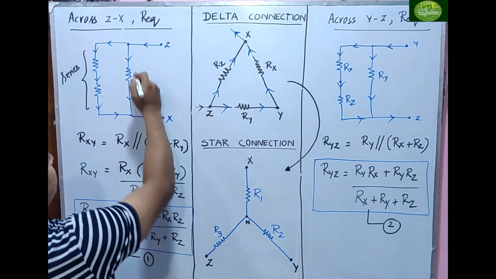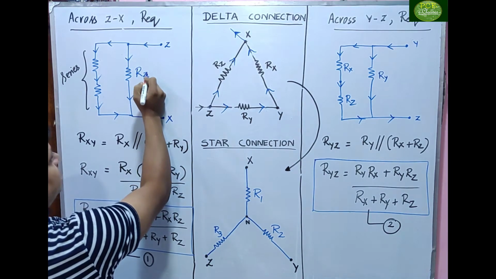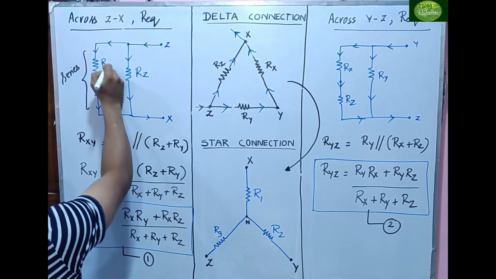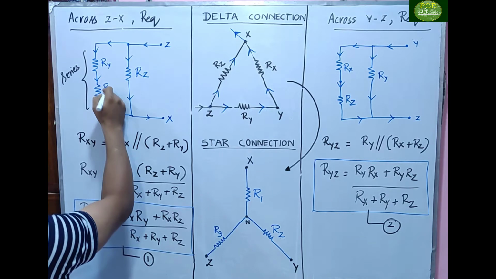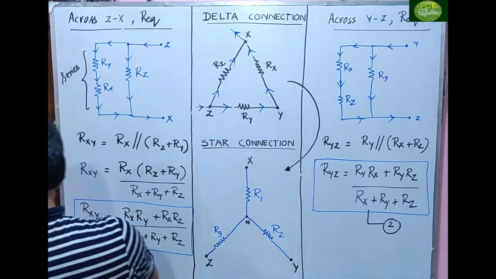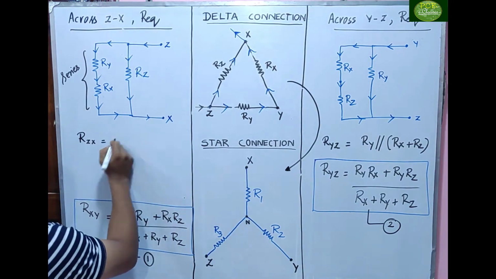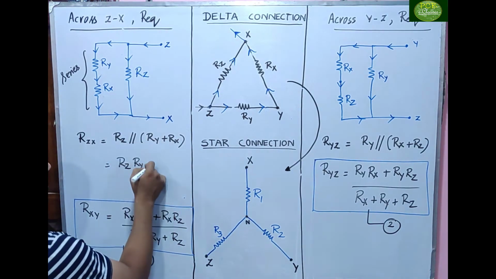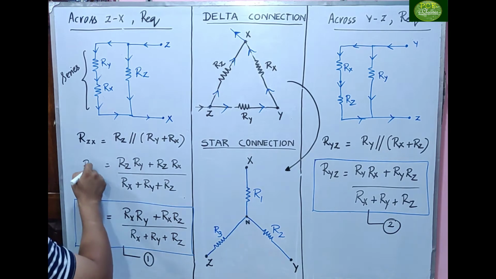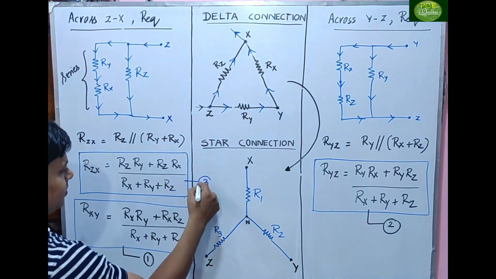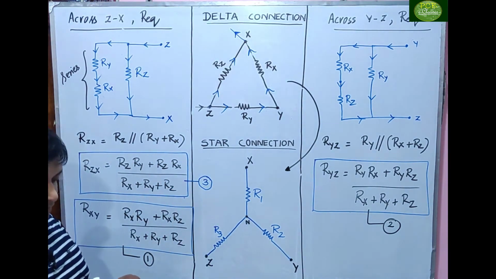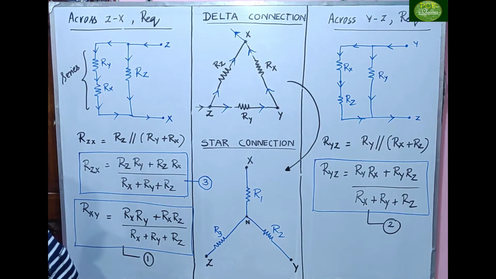So what will be here? Rz, Ry, Rx. So what will be my equation? Fine. Make a note of it.